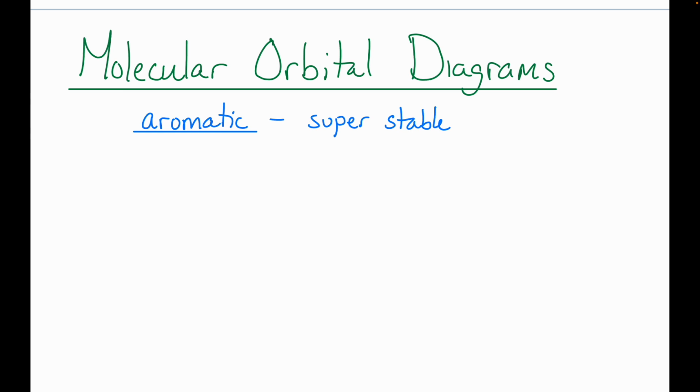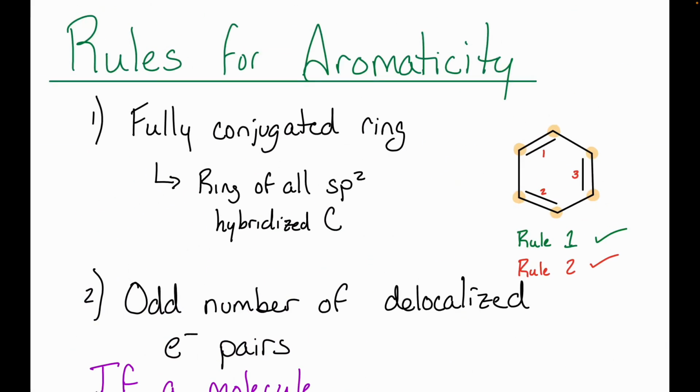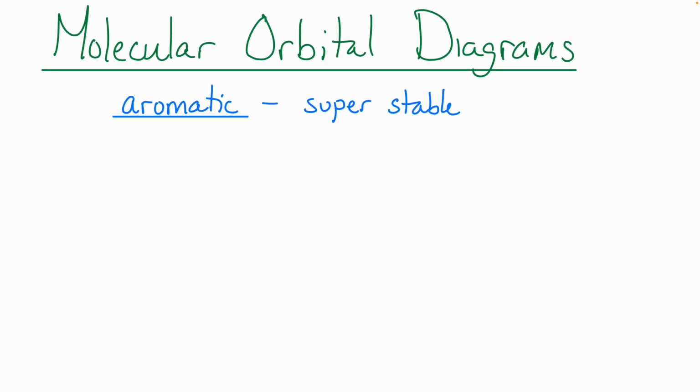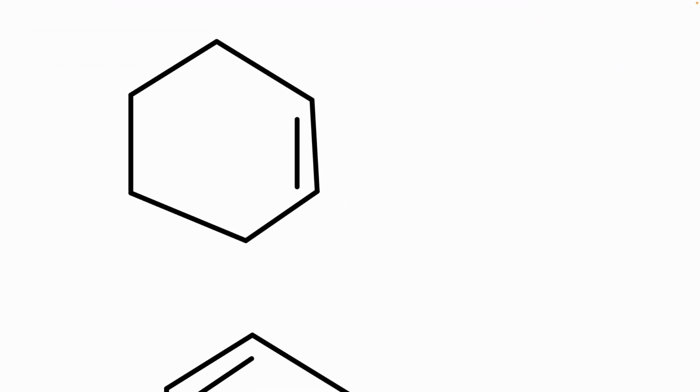All right, so benzene, for example, we said was like our classic aromatic compound. Well, if we took something that looked very similar to benzene, cyclohexene, what will we classify cyclohexene as functional group-wise? What functional group do I got here?